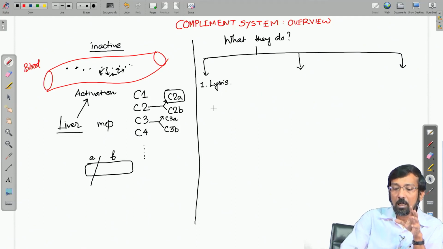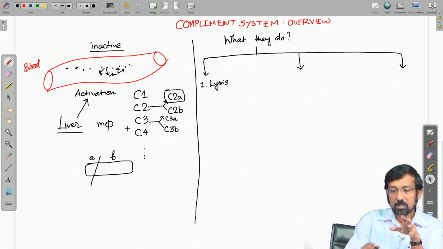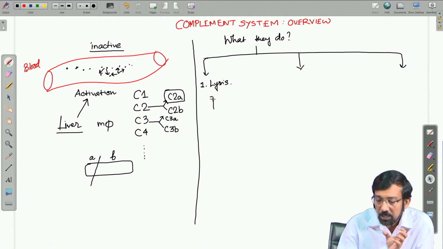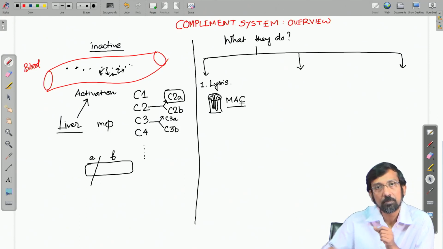after this cascade of events, can form a structure like this, a cylindrical structure, which is also known as the membrane attack complex or the MAC.